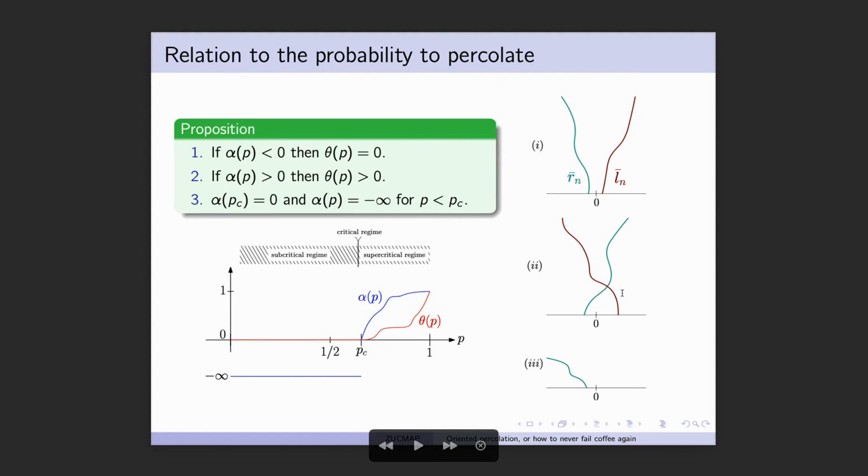But if you use a convergence in probability argument, you say that with high probability, this intersection point should not happen above a certain height, and then the probability of reaching this height in the first place is strictly positive. So you combine the two and you deduce the result.